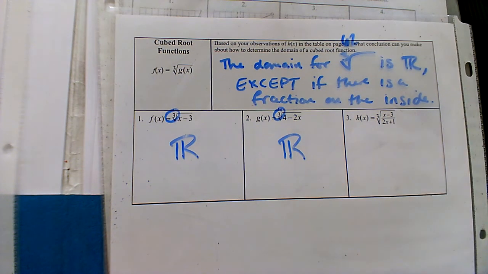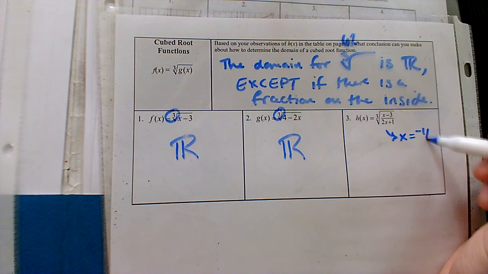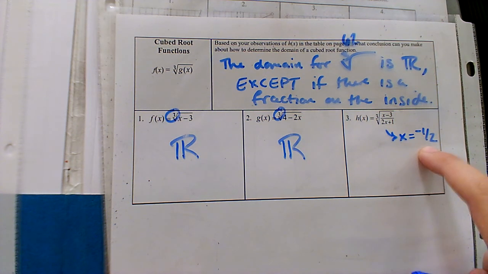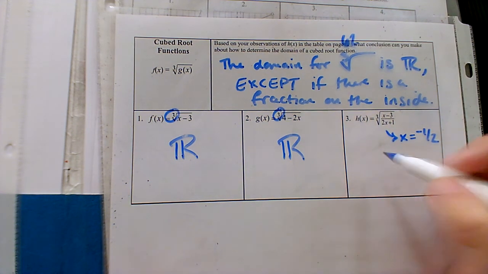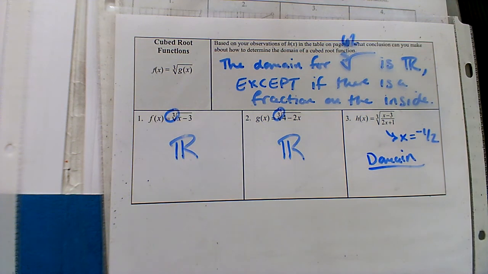Good question. So what did you say our x value was, Alex, before? Negative 1/2. Okay, so our domain is usually all real numbers, but we cannot include this value. Okay, we have to skip over it. So kind of similar to the previous rational functions we did, we got to go from negative infinity to positive infinity, but skip over negative 1/2.